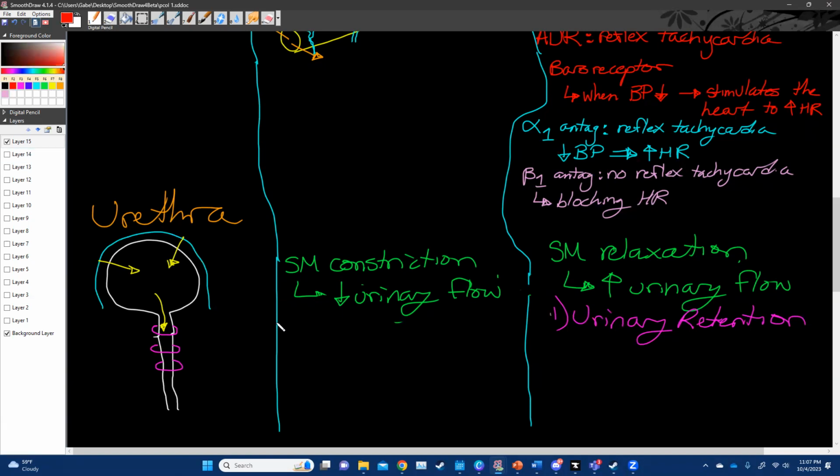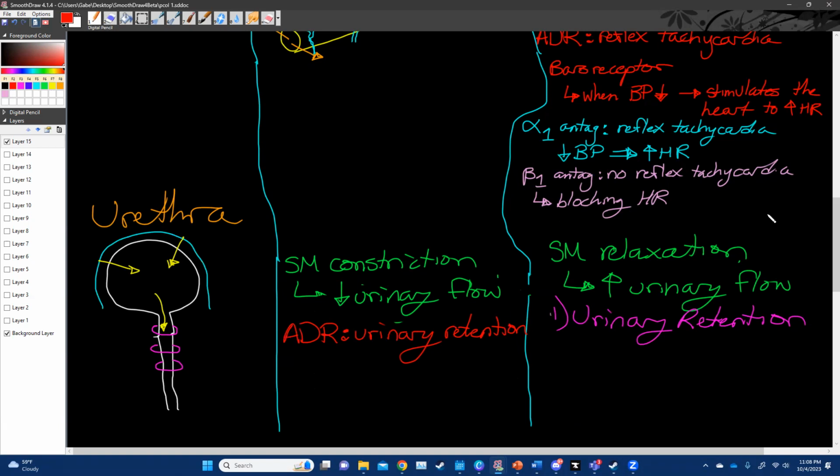The problem is an adverse effect of this is urinary retention. So we're not using this drug for incontinence, but we do cause urinary retention, right?